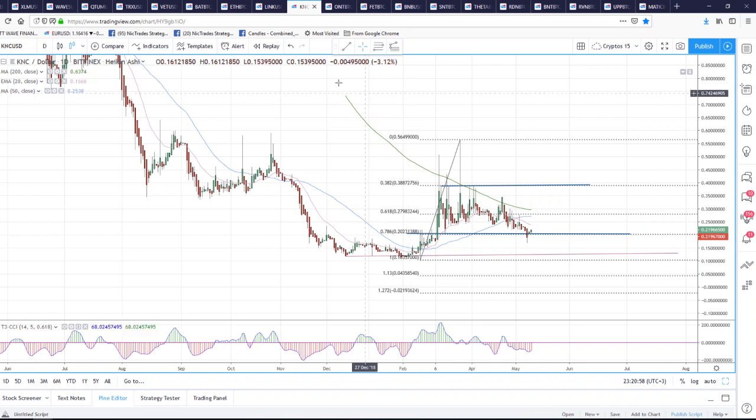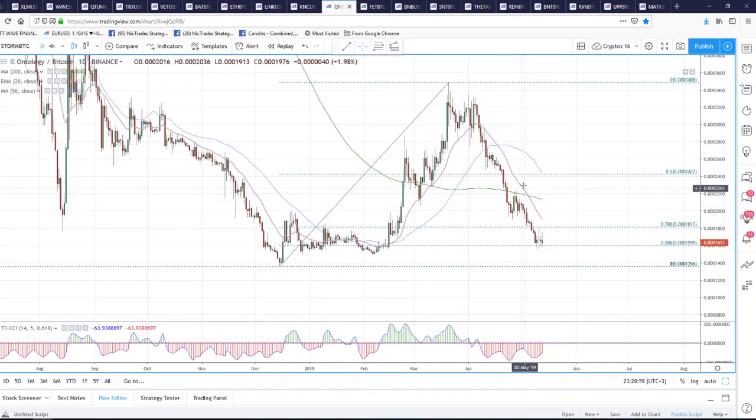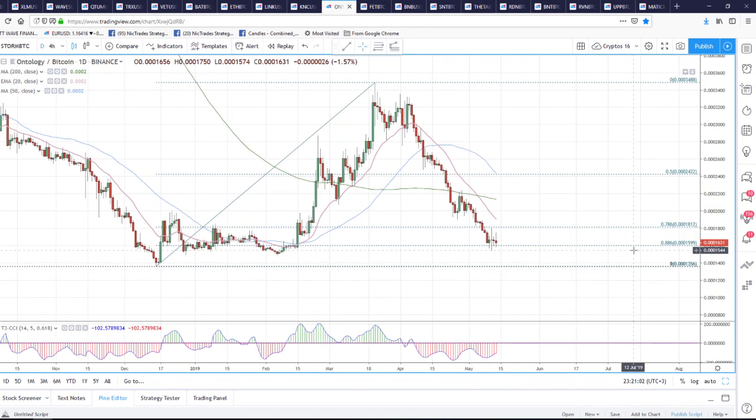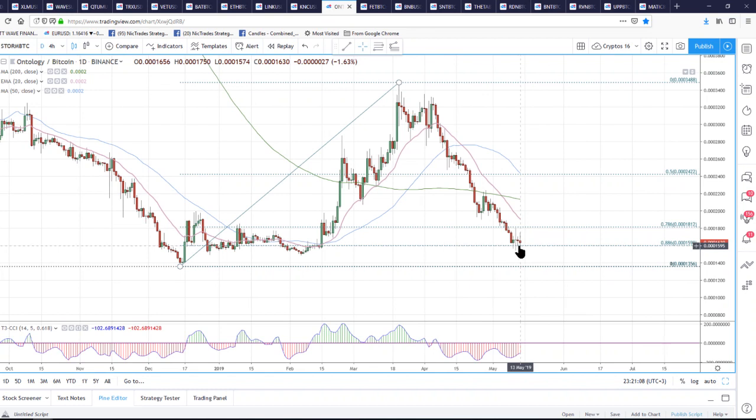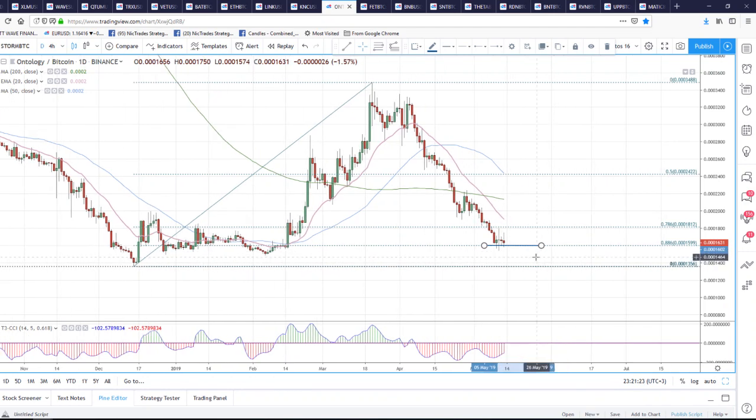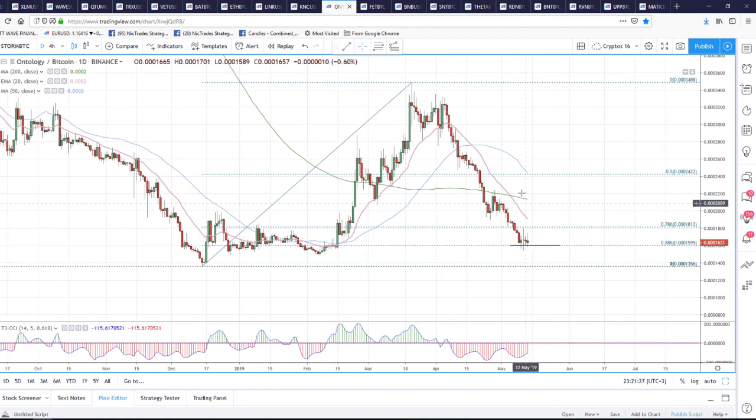Okay, let's look at ONT, see if we've got any ray of joy here. There is a kind of ray of joy because 4 days holding, I know we've seen this a lot, but 4 days holding this 886 fib is kind of positive. Normally I'd say not, but in the face of what Bitcoin's done today, and every other altcoin has broken down and made it to new lows, and the fact that Ontology hasn't and is holding this support gives me a little bit of hope.